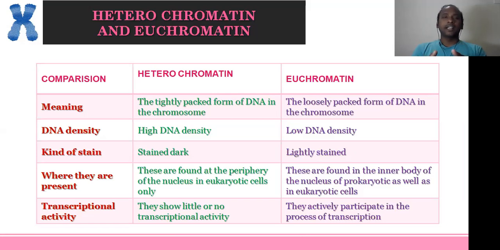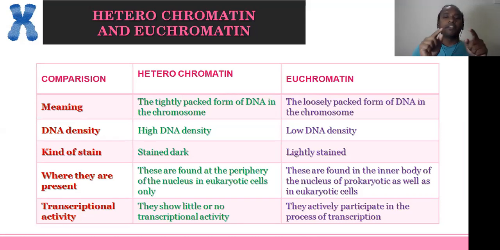The kind of stain, as we have been discussing so far, heterochromatin is stained dark, right? But euchromatin is lightly stained. And where they are present, heterochromatin is found in the periphery of the nucleus in the eukaryotic cell. This is very important.